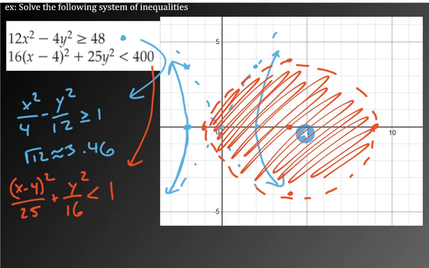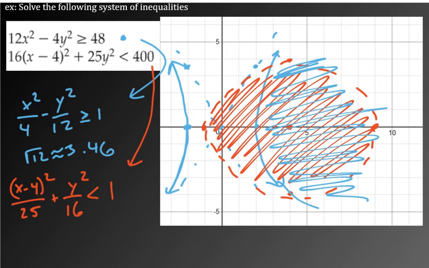And so if you plug in like 5, 0, that term would just go away, and then you would have 12 times 5 squared, right? Which is a pretty large number, right? 12 times 25. Definitely going to be greater than or equal to 48, right? And so that basically tells me that I do actually shade on this side of the hyperbola, so kind of inside of it.